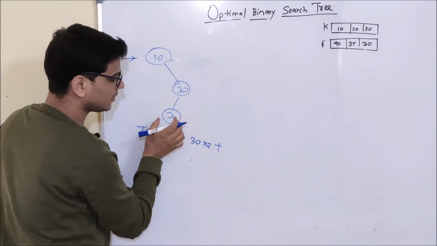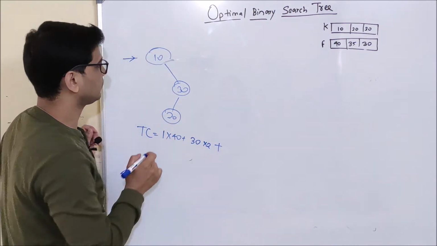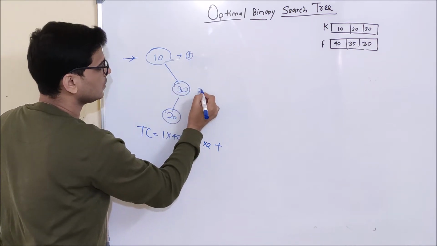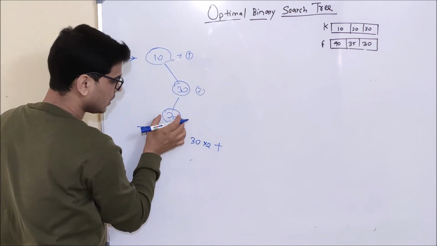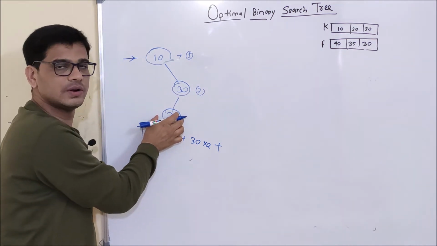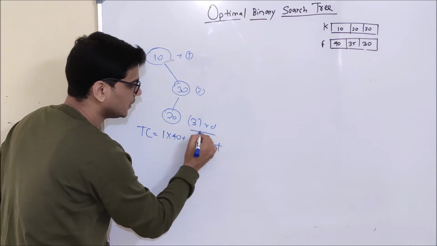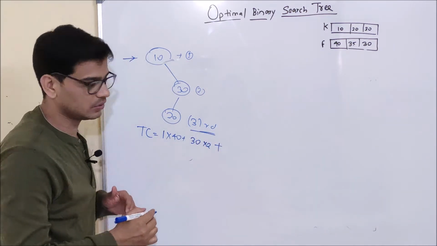Now let's see what will be the search cost of 20. First you will search for 20 here, then here, and then you will search for 20 here. That is, in the third try you will reach 20.